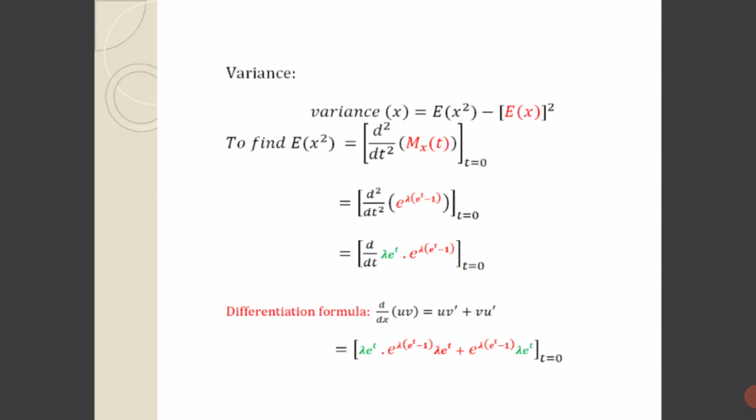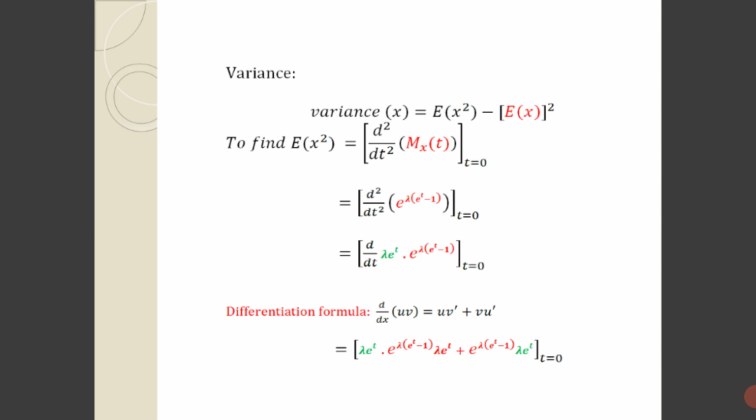M_X(t) is differentiated two times with respect to t. Already we have differentiated one time, so directly substitute that answer: λe^t into e^(λ(e^t − 1)). Now again this is differentiated one more time by using the formula d by dx of uv equals u v dash plus v u dash.